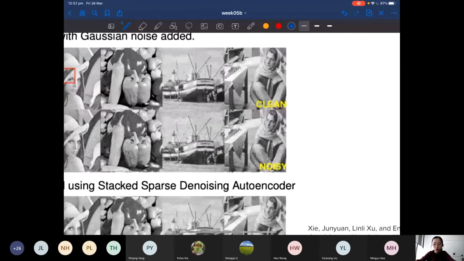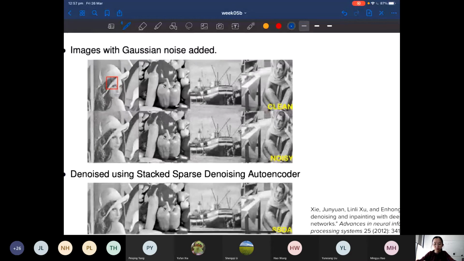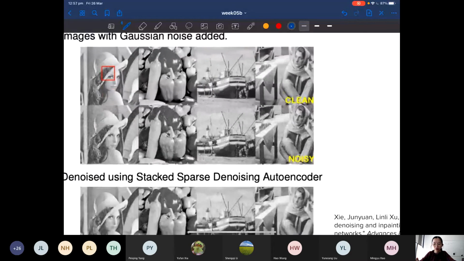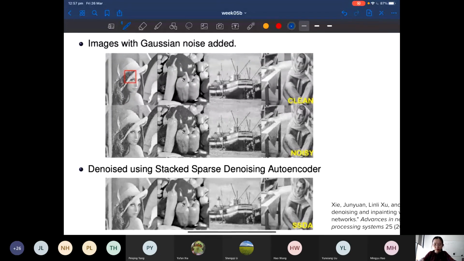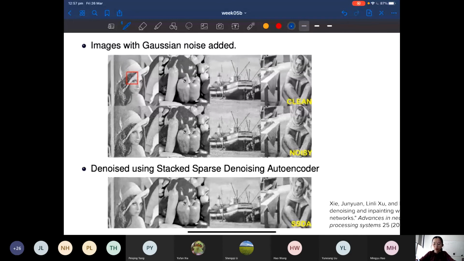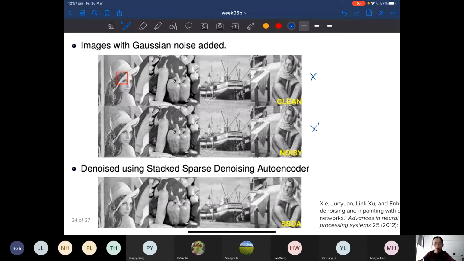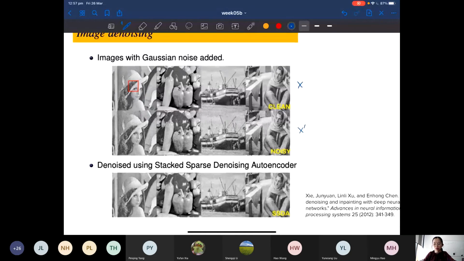Even with this low resolution copy of the noisy and clean pairs of images, we can see that this is at training time X prime, this is X, and this is the output of the image after being processed by what's called a stacked sparse denoising autoencoder, as proposed in this paper.